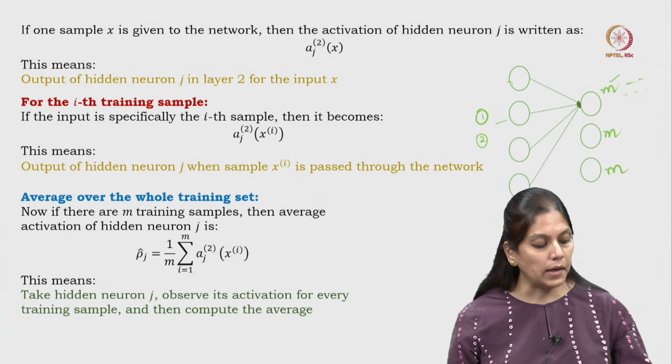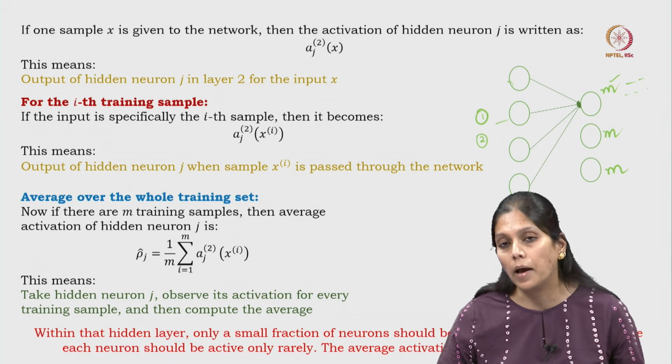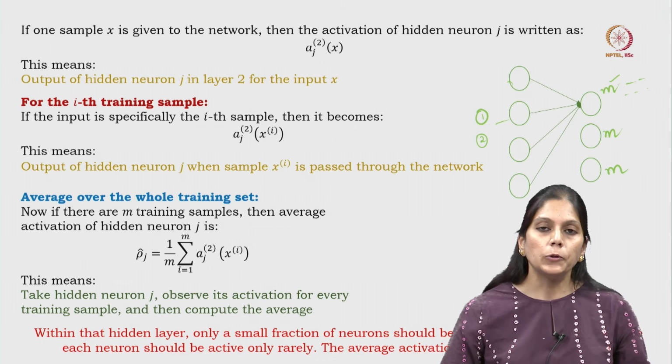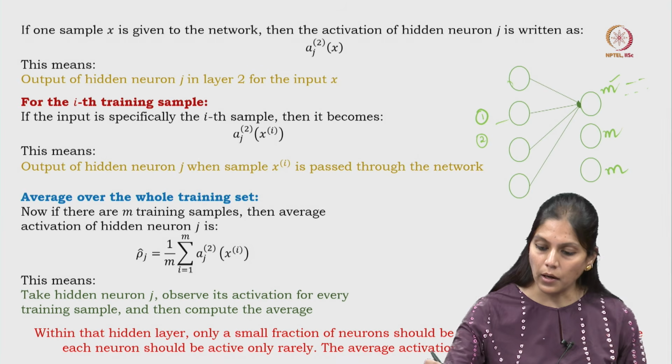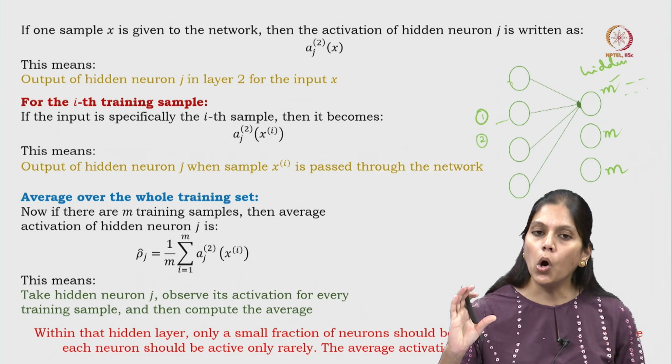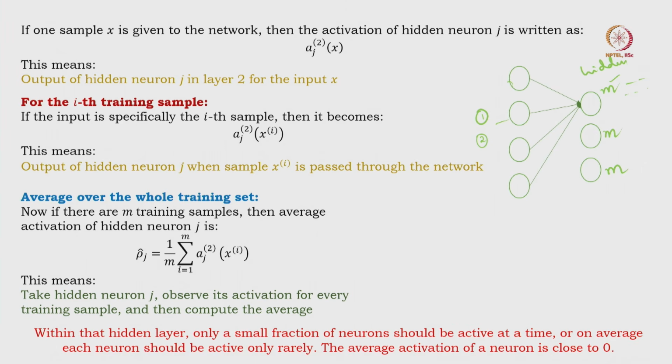Now let us understand why we have taken this average. What is the whole intention? What is a sparse autoencoder? Within this hidden layer, only a small fraction of neurons should be active. There are 3 neurons, so out of these 3, a small portion should be active at a time, or on average each neuron should be active only rarely.